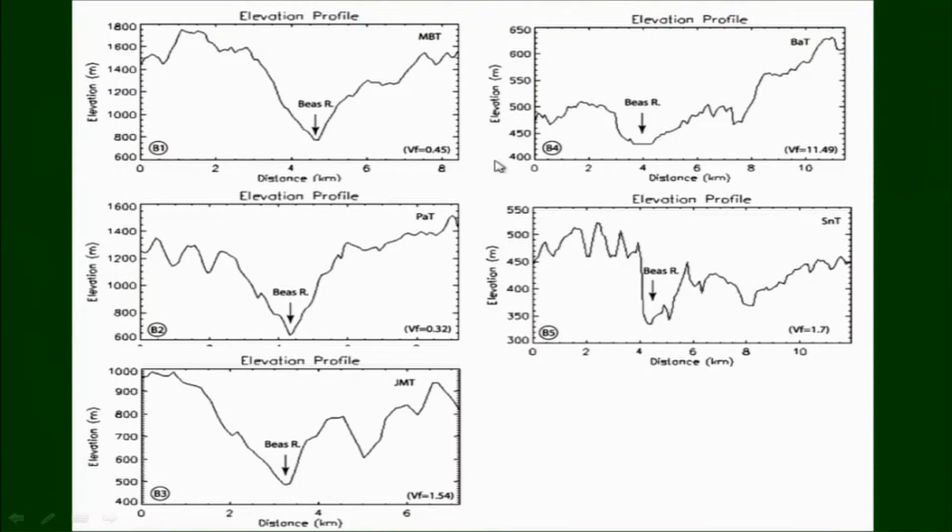So this exercise clearly indicates that these two fault systems, and even this one, but these two compared to the rest, are quite active, whereas this one is relatively active, but these two are not so active, and this one shows very little activity because of higher VF values.